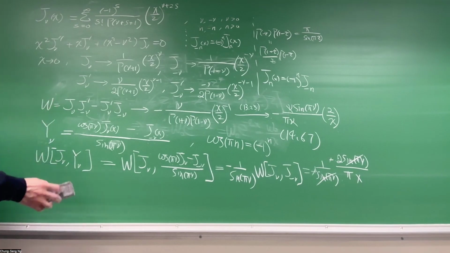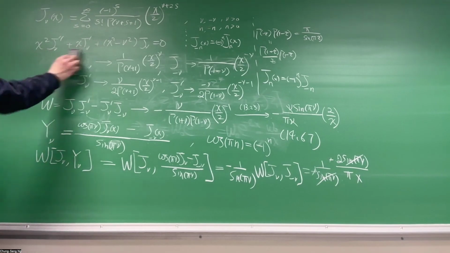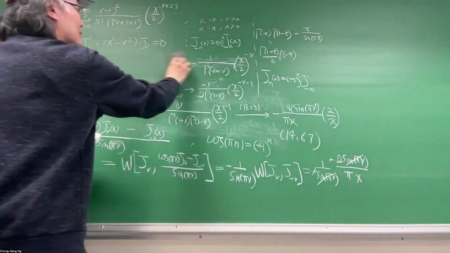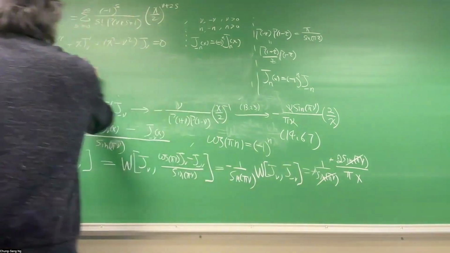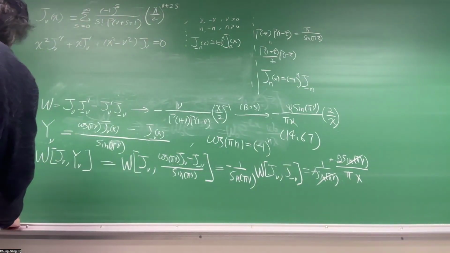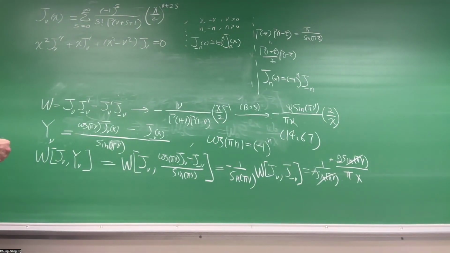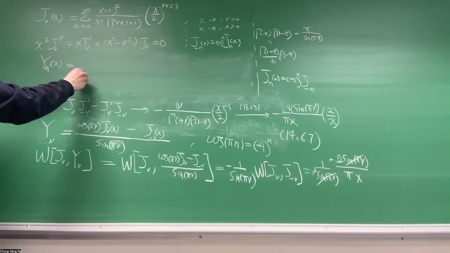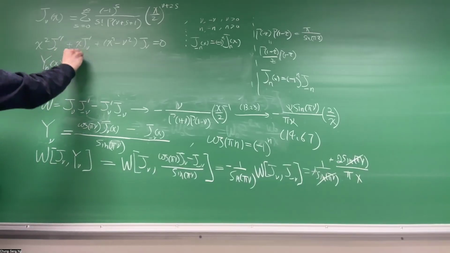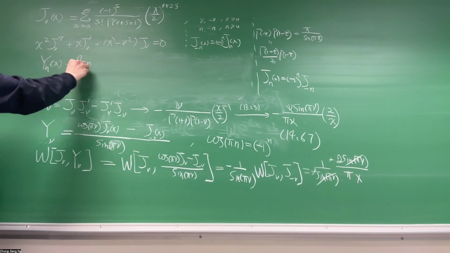We need some space to write down. So for integer n, y sub n, we need to take the limit of nu goes to n, an integer n.